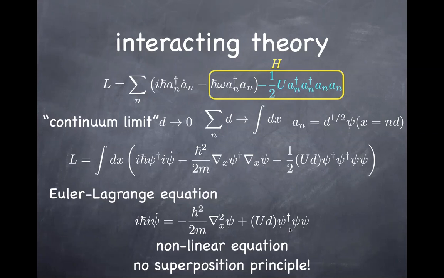I just had a quick question on the sign of U. Isn't it the case that we're going to induce a positive energy penalty if there are two particles at the same site, and hence our energy should increase? That's right. That's the definition of U here. And if you have an attractive potential interaction instead, you choose U to be a negative number. So why exactly is there a negative sign in front?